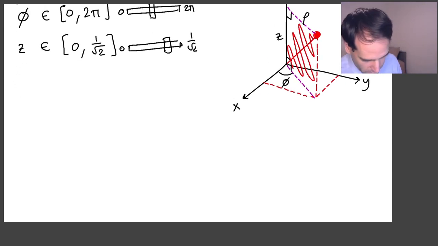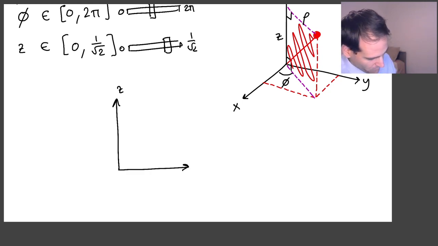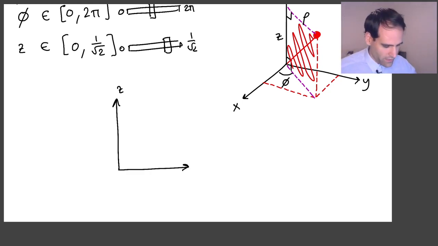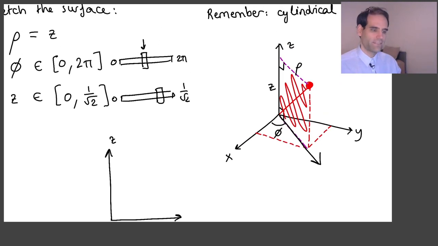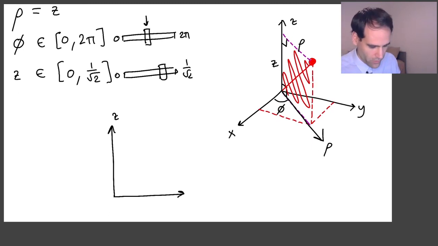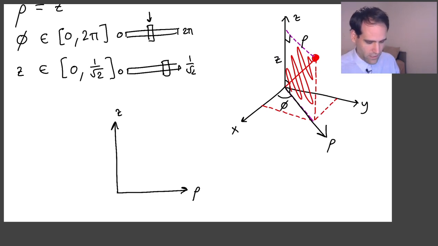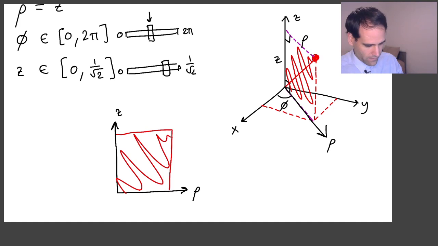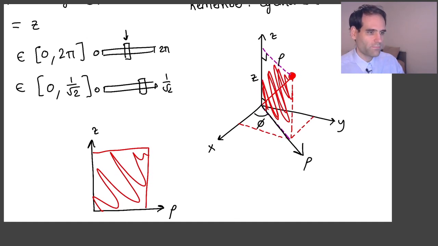This tilted plane, we can now draw in 2 dimensions. The vertical axis would be z, and the horizontal axis would be this axis here. What is that axis? That could be called the rho axis, because we are moving in the direction of increasing rho. So we can plot z versus rho, such that this plane is simply the plane that I drew here.